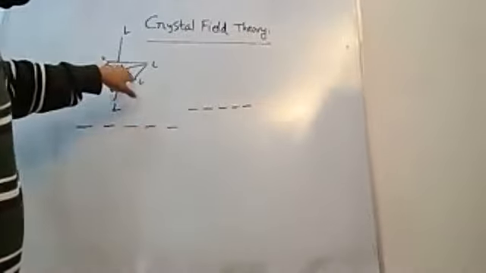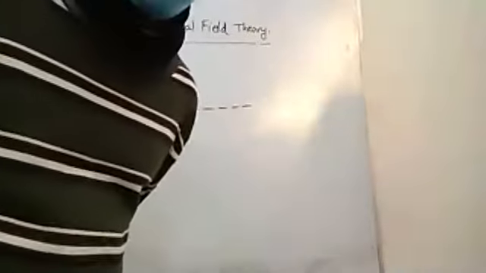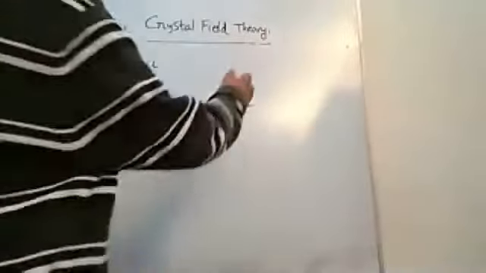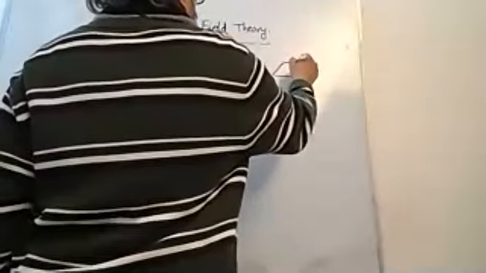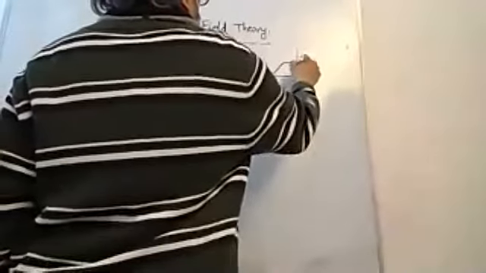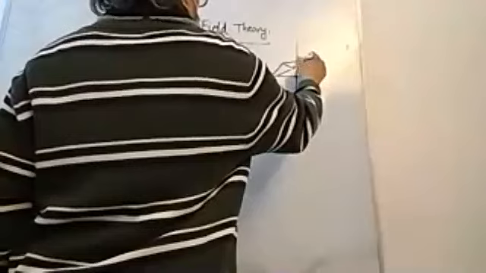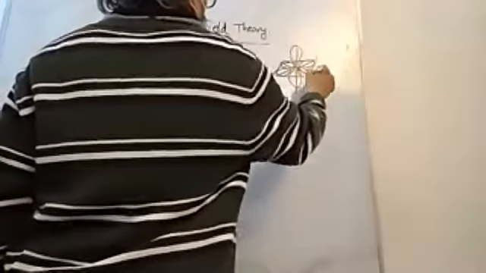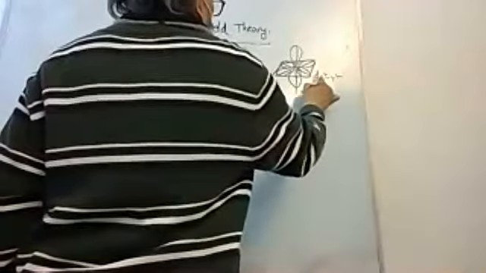But once you have an octahedral configuration, then we have to see what happens to all these 5 d orbitals. To understand that, we need to understand the orientation of the 5 d orbitals. So if you have the metal here, that's your dx squared minus y squared, and this one is your dz squared.